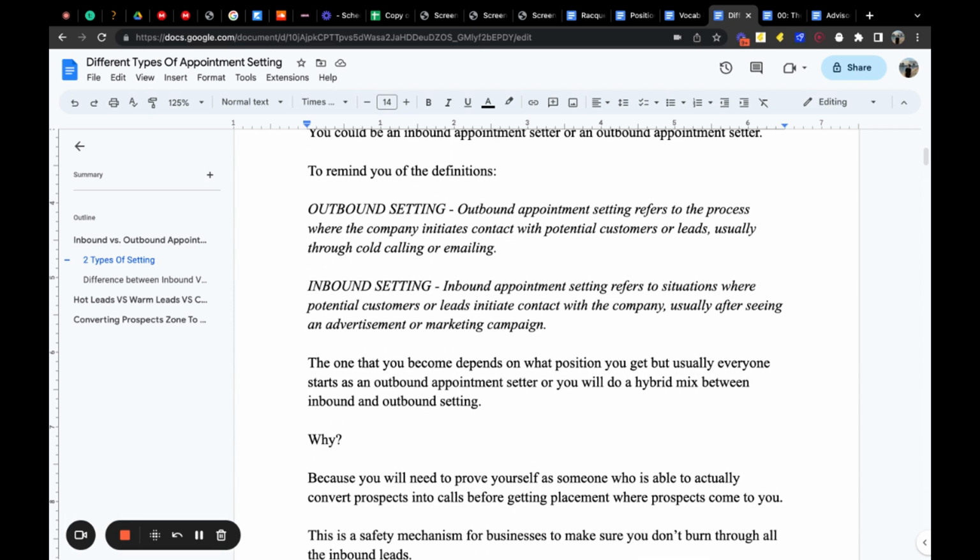Okay, so the one that you become depends on what position you get, which business you work for, and what the business requirements are, because there are businesses who have all of their lead gen based on inbound lead flow, like businesses that run ads, run shout outs, and buy media.